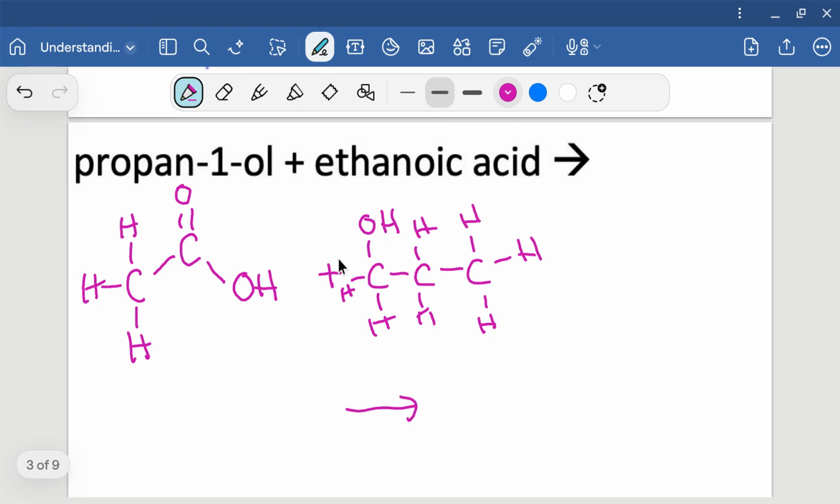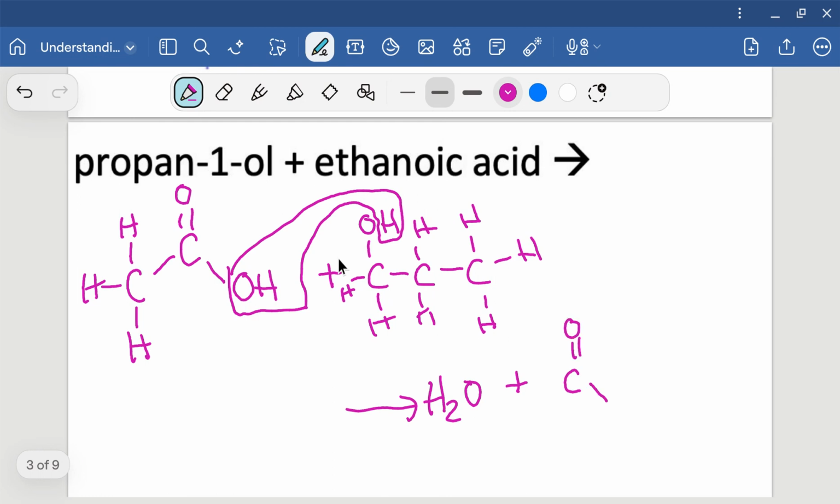Then we would see that the OH will come together with the H from the alcohol, and that will form water. And then we would have that carboxylic acid that still has a double bond to oxygen, and we have another carbon here. And now since this carbon has lost this OH group, and the oxygen lost its hydrogen, they need something to bond to.